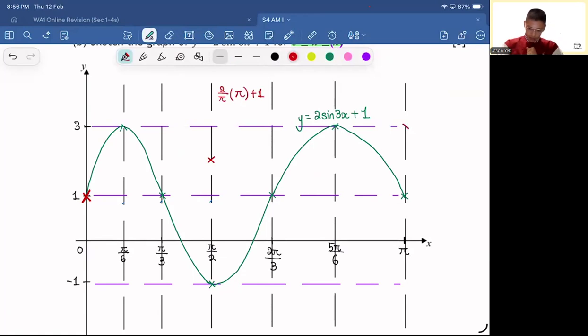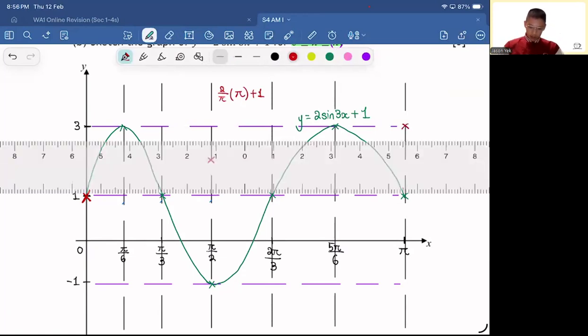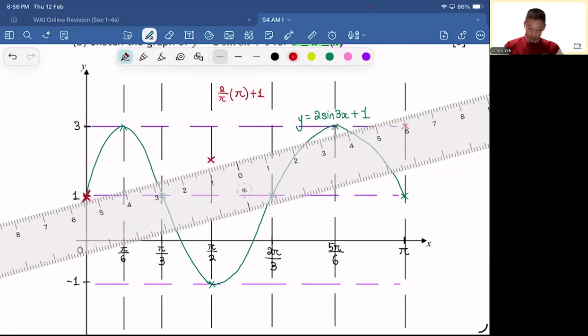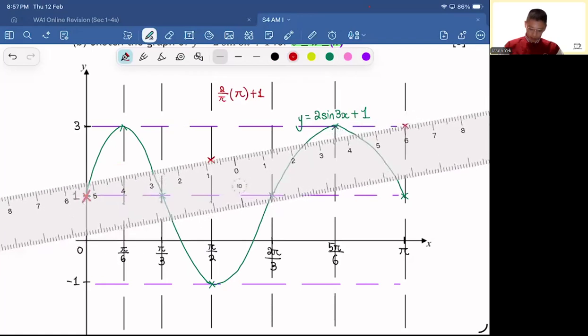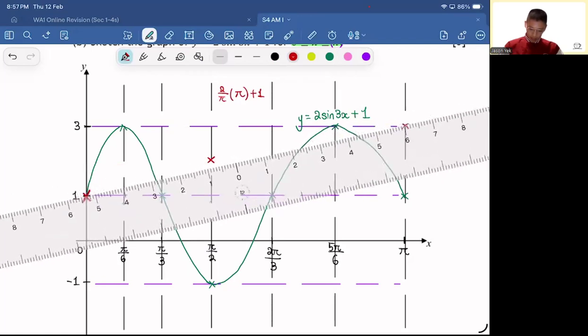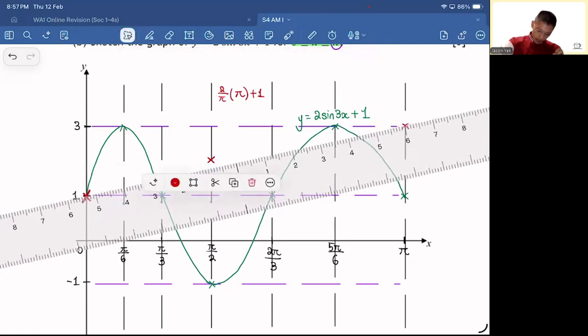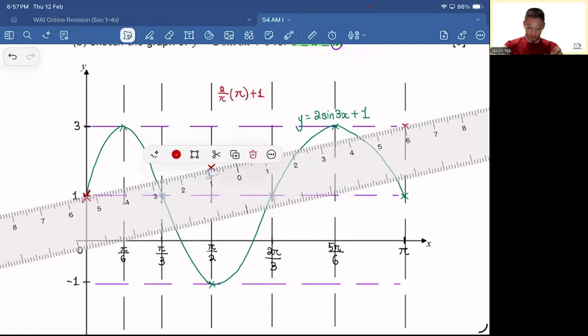Then we have 3. Then all you need to do is take a wonderful ruler and draw it out. I think mine is not really to scale, so I'm going to cheat a little, but you get the idea. Okay, don't learn this. Just draw it roughly to scale, make sure you get a straight line.